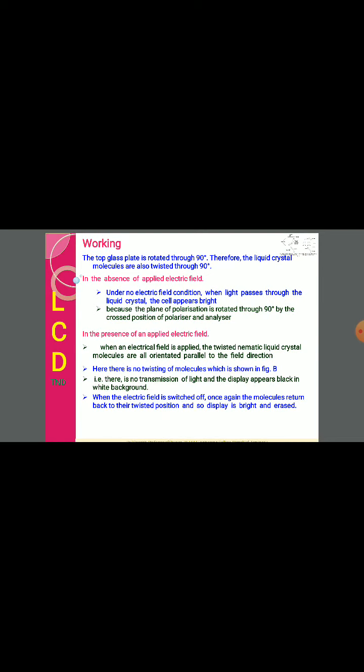In the absence of an electric field, when light passes through the liquid crystal, the cell appears bright, because the plane of polarization is rotated through 90 degrees by the crossed position of polarizer and analyzer.